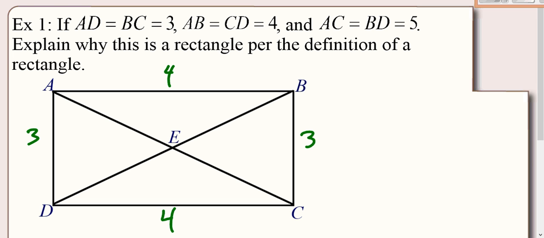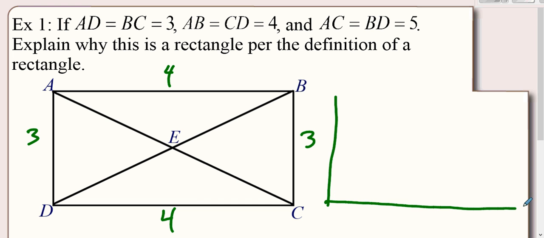So the first thing that I notice, because I've seen these numbers a lot, is 3, 4, and 5. If you look at where the 5 goes, 5 would be AC. So let me redraw just that side. This side's 3, the bottom side's 4, and this is 5.